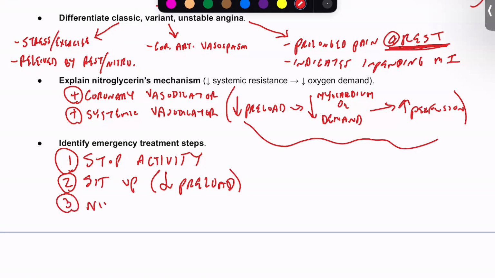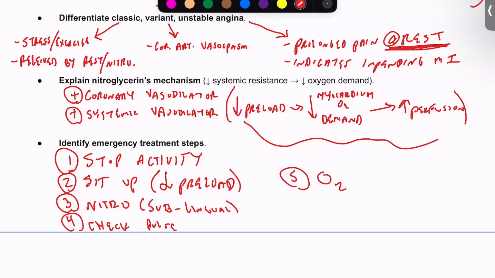Three, that's when we get our nitroglycerin. Make sure you deliver it sublingually. That's how it works fastest. Four, you're going to want to check their pulse, make sure everything's okay. And then five, give oxygen if needed.